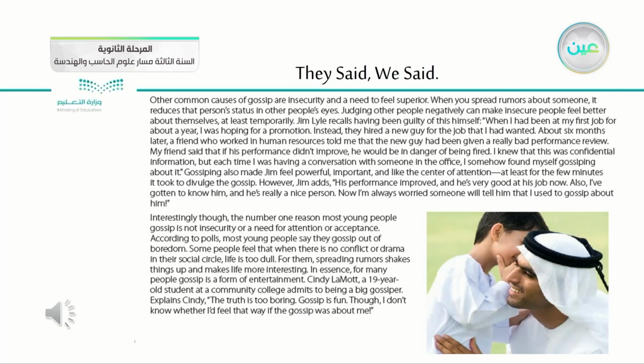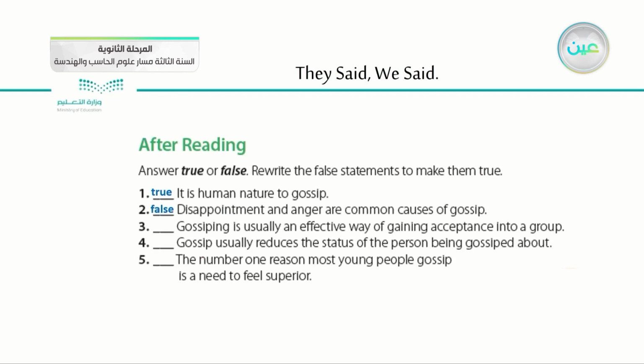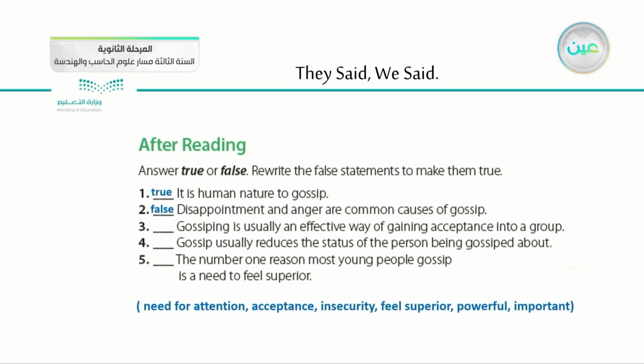According to polls, most young people say they gossip out of boredom. So the answer to this one is false, and the correct answer is: not disappointment and anger are common causes of gossip, but need for attention, acceptance, insecurity, feeling superior, powerful, and important are the main causes of gossip.